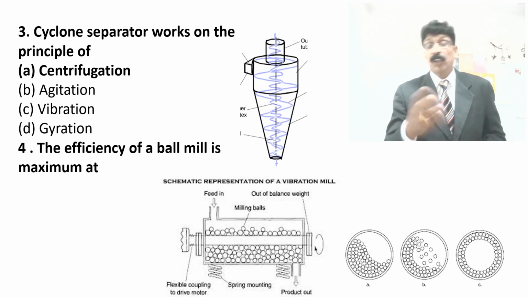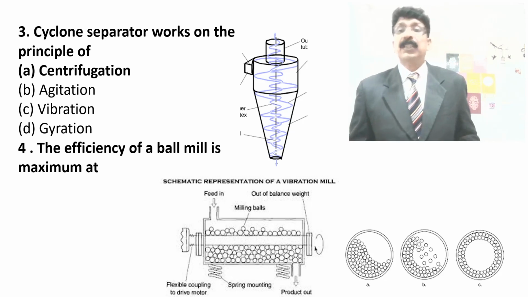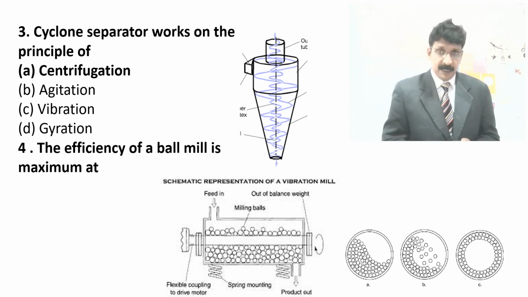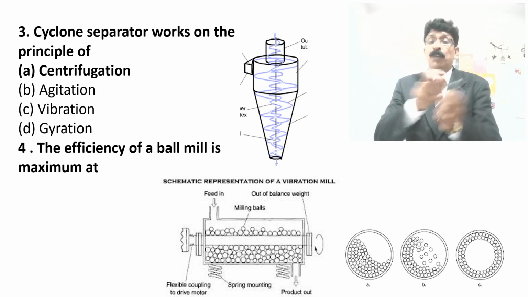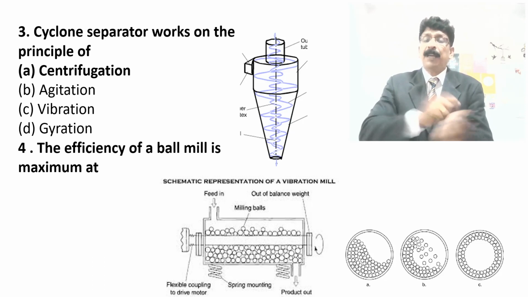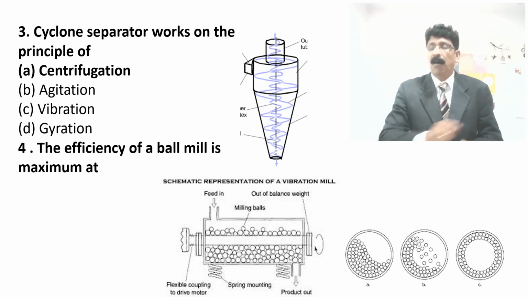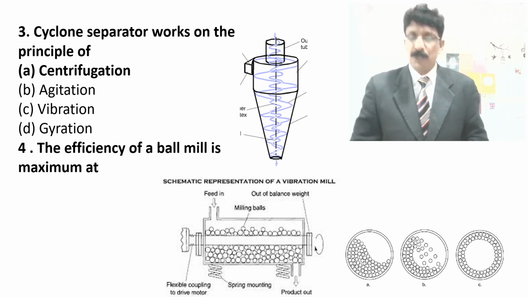Or the object will be thrown to the walls and broken, that is also impact. Attrition means when the balls are rotating, they make friction, and in between, the object will be powdered or the size will be reduced. So that will be attrition.